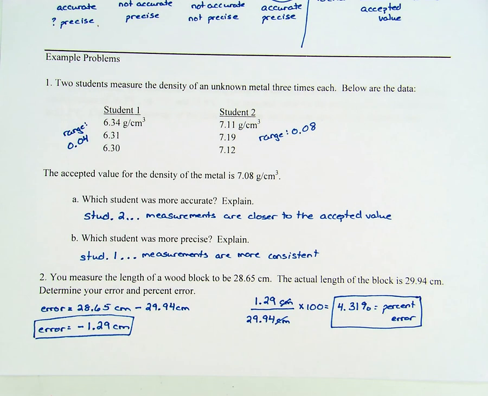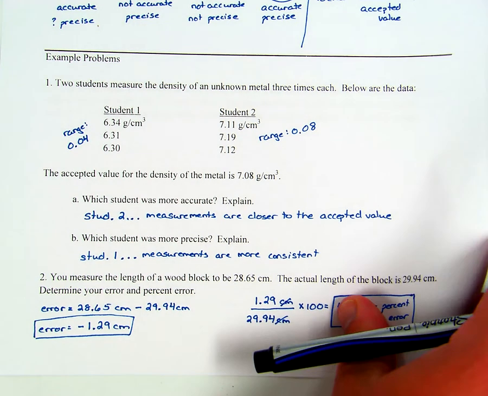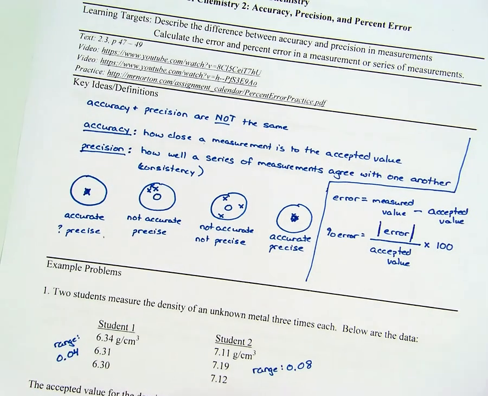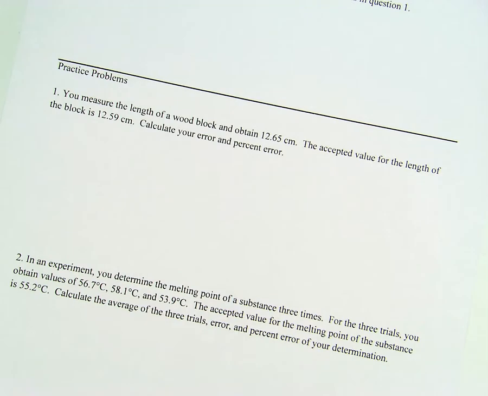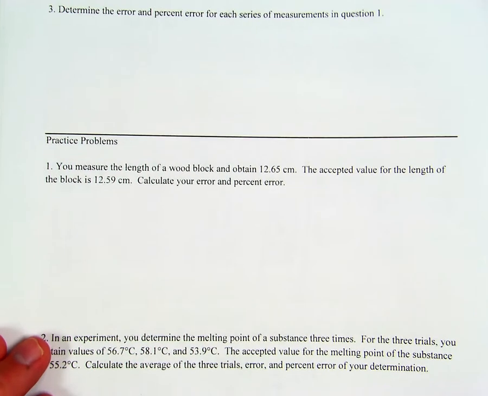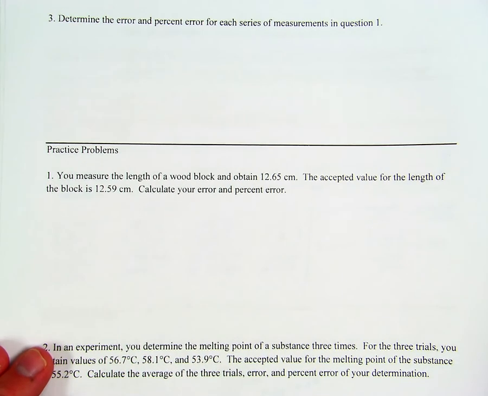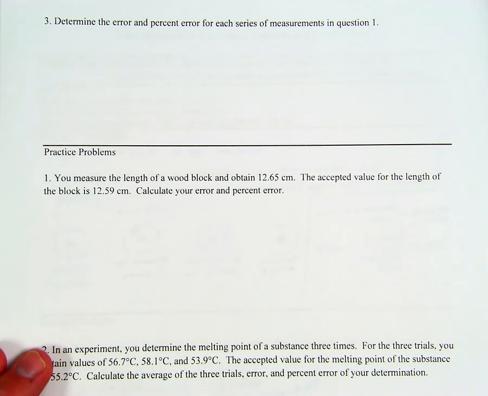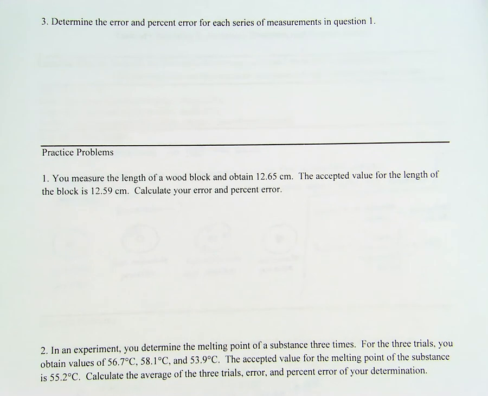All right, we have one more example here. Flip over to the next page, and it says, determine the error and percent error for each series of measurements in question 1. Well, let's jump back to question 1 real quick. That was with the 2 students and their density measurements.